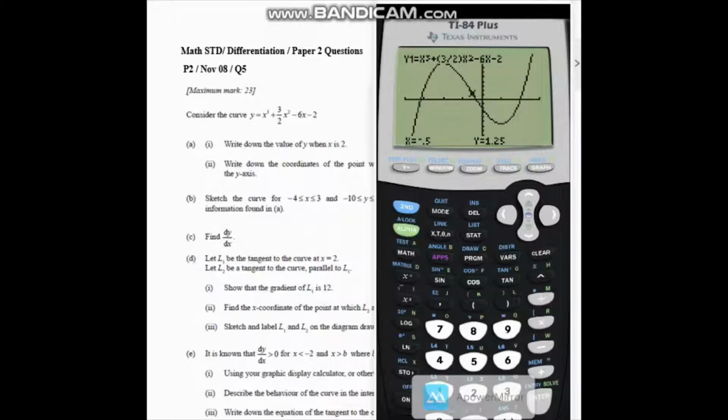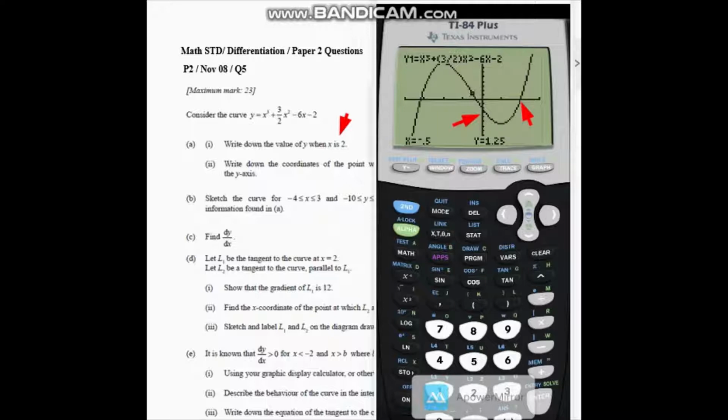So in AI we found that when x is 2, y is 0. So you must indicate that at this point x equals 2 and y equals 0. And the coordinates of the point where the curve intersects the y-axis, which is right there, we have already found to be 0, negative 2.